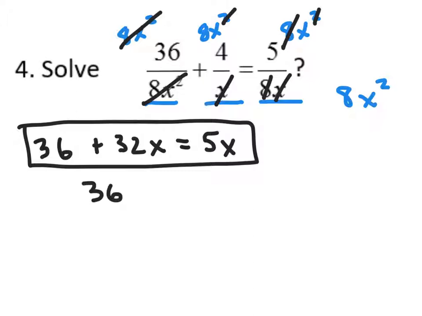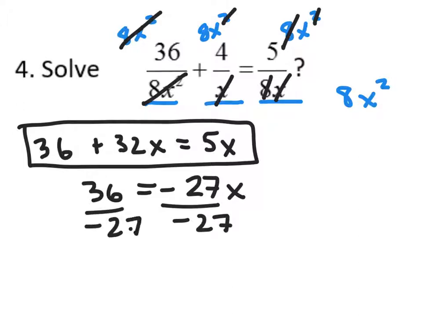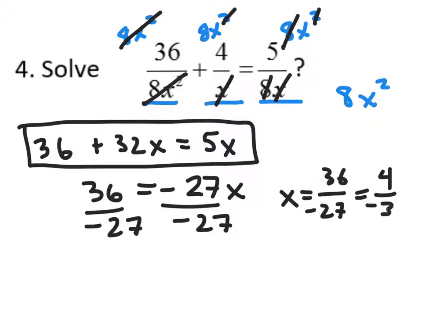We got 36 here, and what do we get? -27x looks like. And we divide both sides by -27. And so x equals 36 over -27. 9 goes into both of those, so -4/3 would be our final answer there.